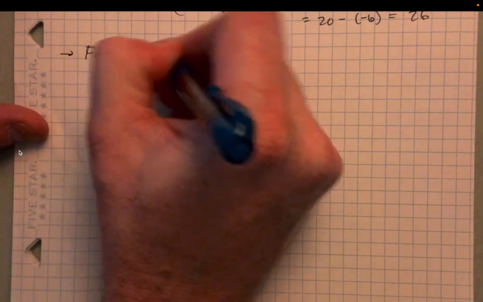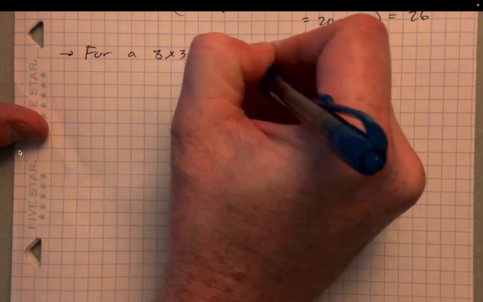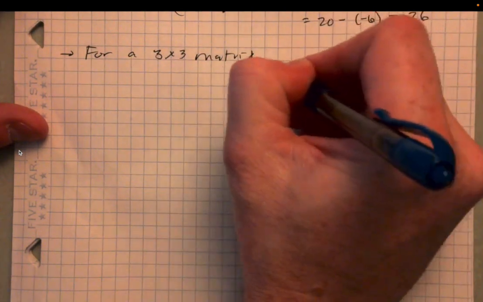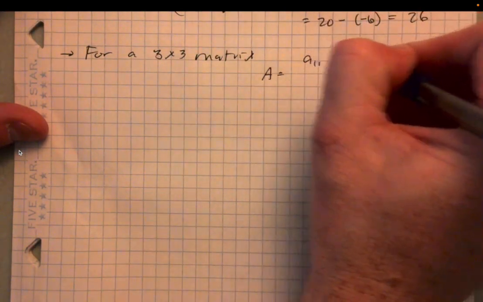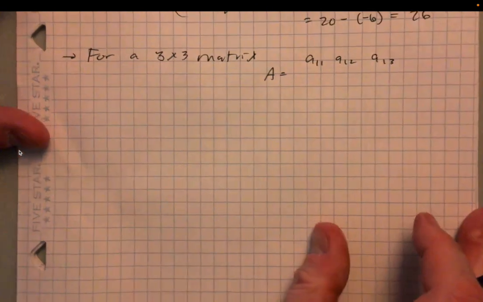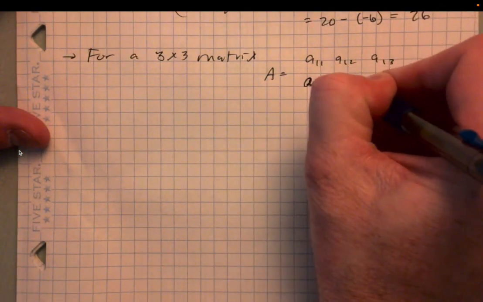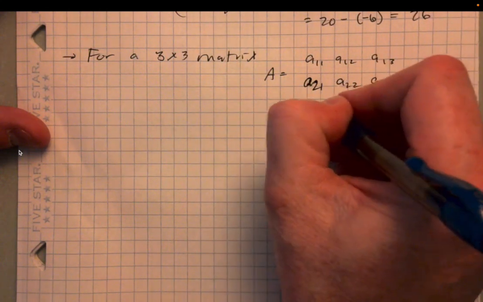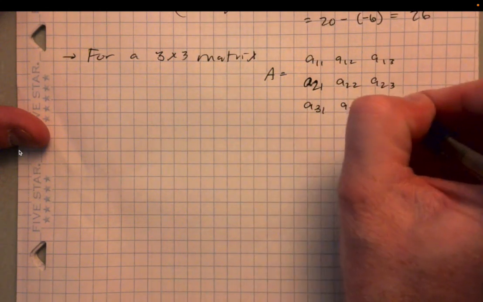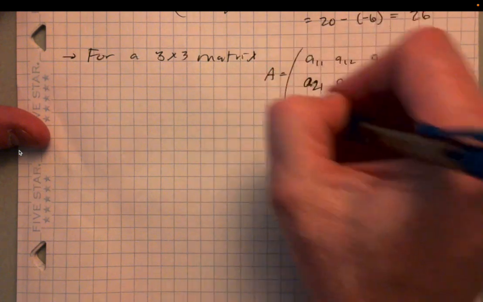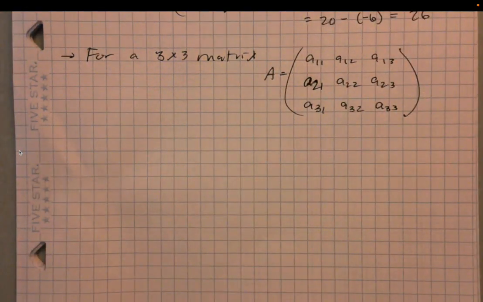So for a 3 by 3 matrix, A will be A11, A12, A13, and then A21, A22, A23, A31, A32, A33, right? So the 3 by 3 matrix looks like this.